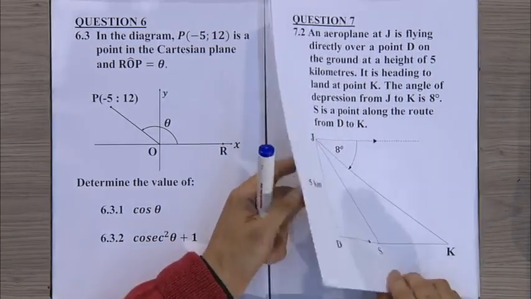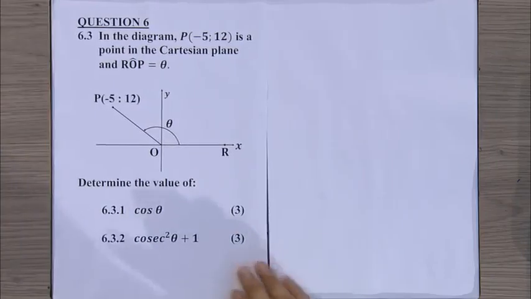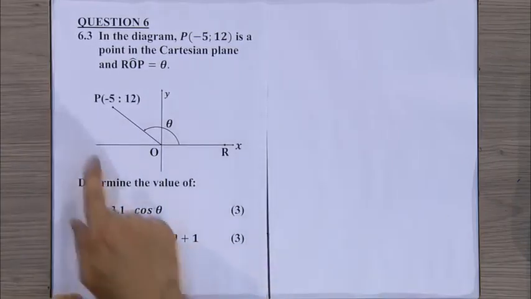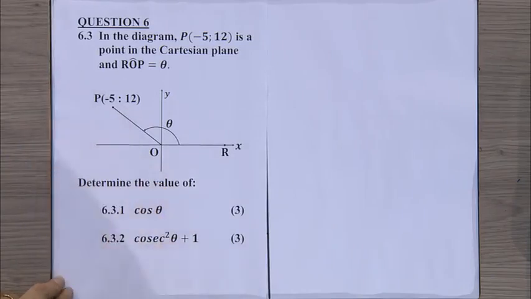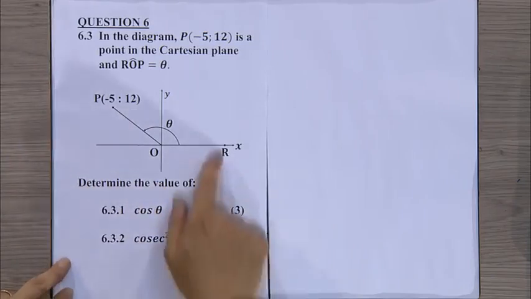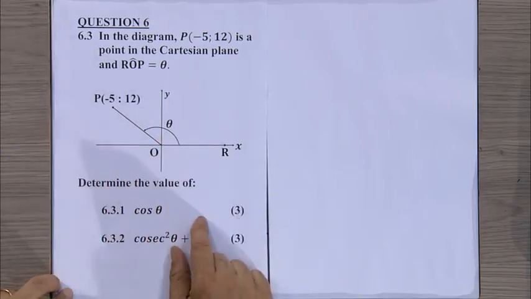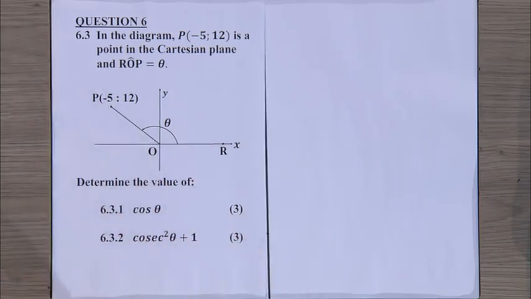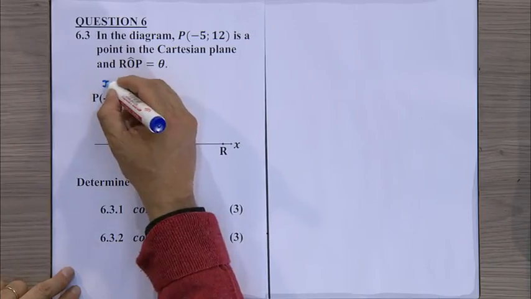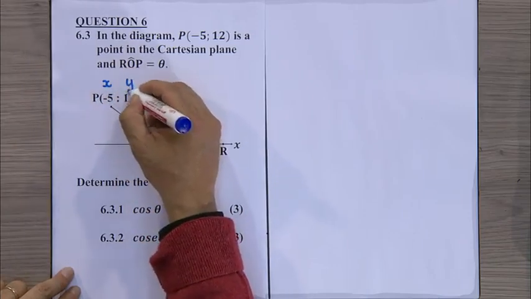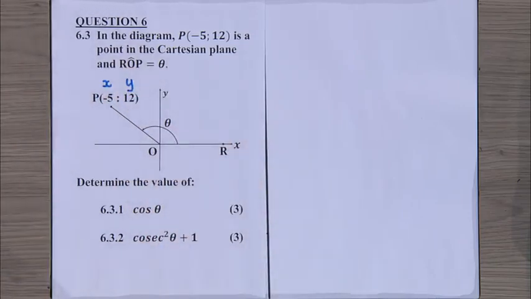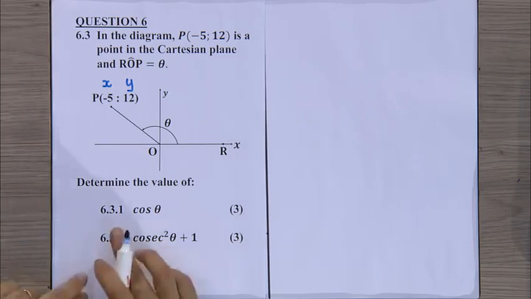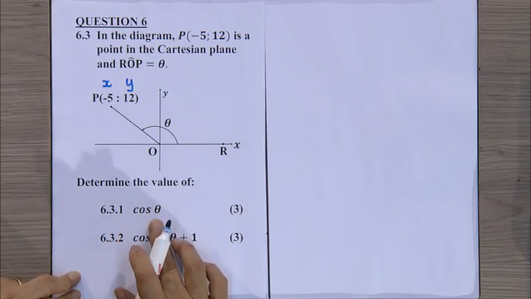Let's just start with this one first, where it says, in this diagram, we have point P, minus 5 and 12, right? In the Cartesian plane, second quadrant, we know what is the meaning of the minus 5. It represents x, 12 represents y. So what do we need to do in this case? They ask you to determine cos of x.